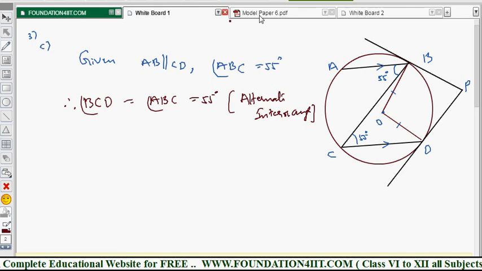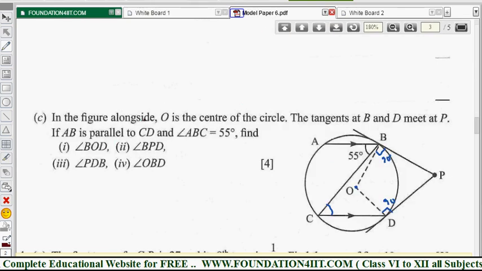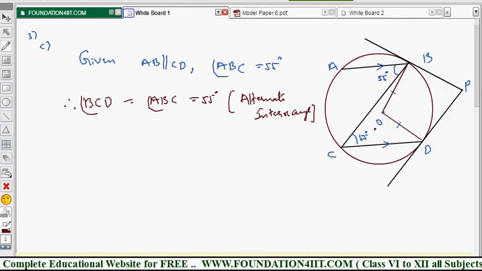Now we need to find out, the first question is angle BOD. So if you observe, angle BOD is this. BD is an arc. The angle subtended at the center is double the angle at the remaining part of the circle. That means the angle at the center is 2 times the angle at the circumference. So based on that, angle BOD is equal to 2 times angle BCD.